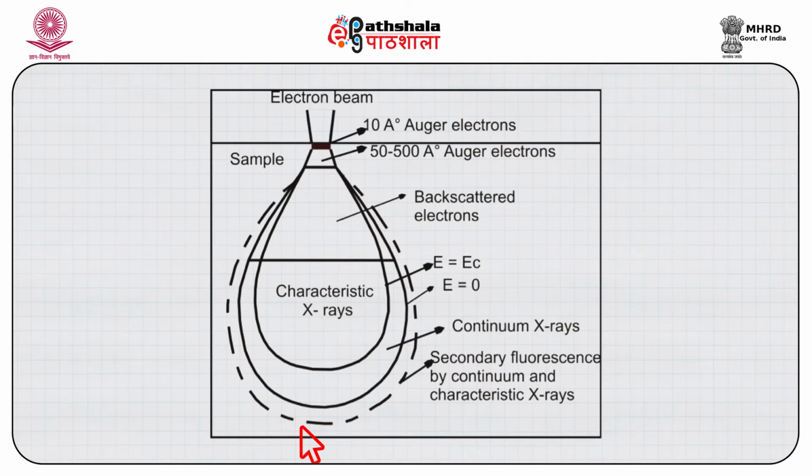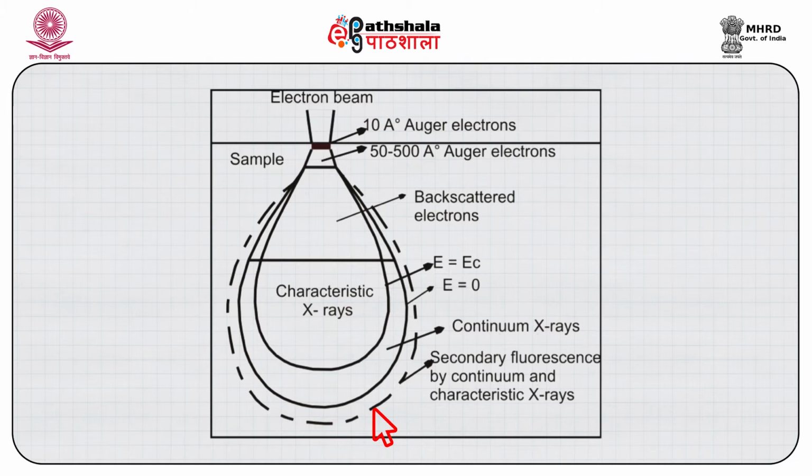So, the continuum is produced throughout the volume, and besides these there is an effect that the characteristic X-rays can sometimes produce or can lead to a secondary X-ray which is known as fluorescence. So, secondary fluorescence by continuum as well as by characteristic X-rays can also be produced, and that also can occur throughout the volume of interaction.